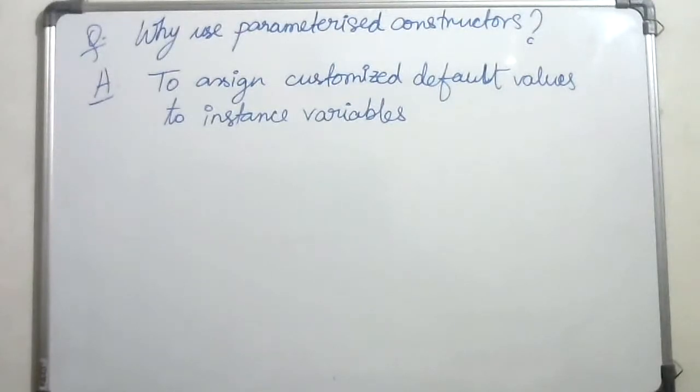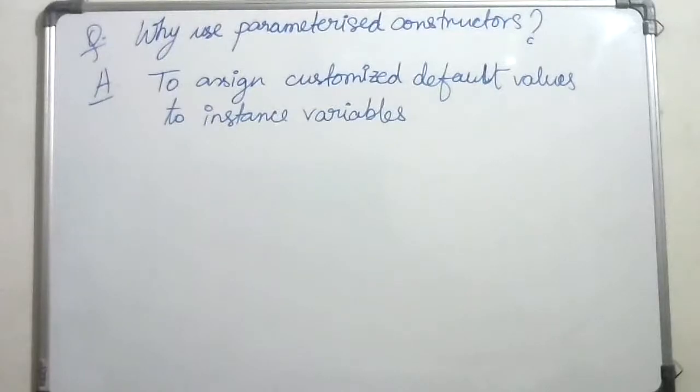Let's say the character wears a white t-shirt and a white short by default. Those default values are done using these parameterized constructors. Those are custom default values, right? If you leave it to the compiler, then it might have nothing. So the character might, who knows, turn up naked. So parameterized constructors are used to assign default values of your choice.